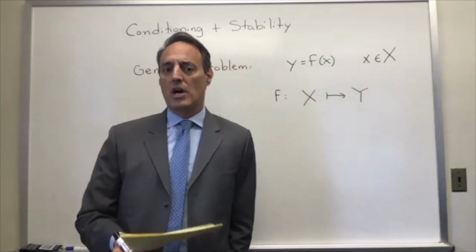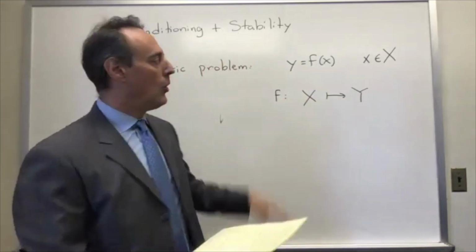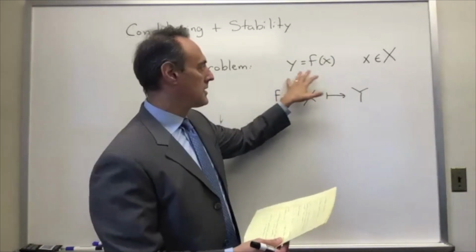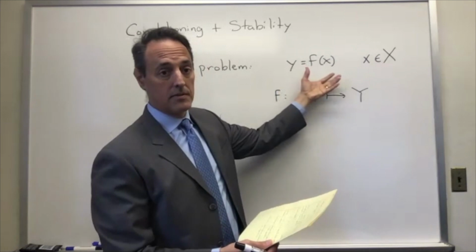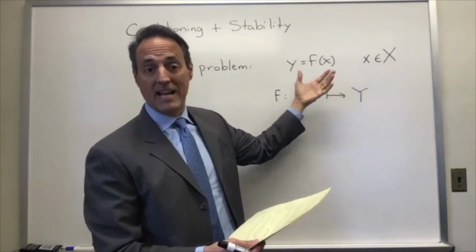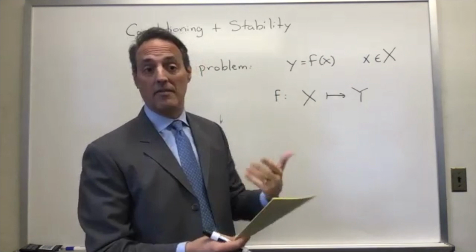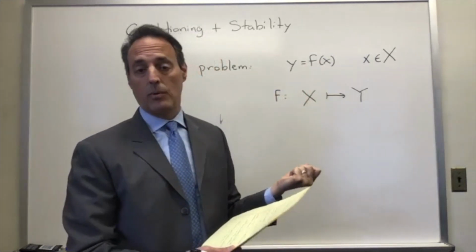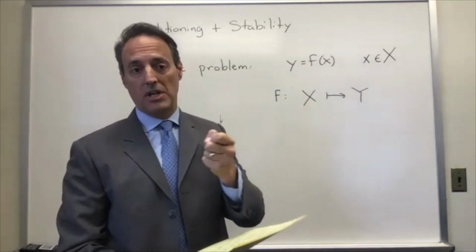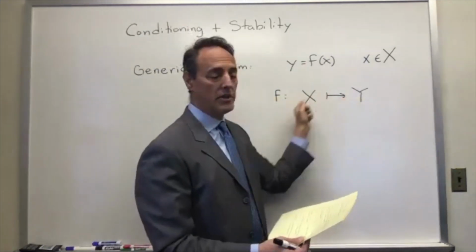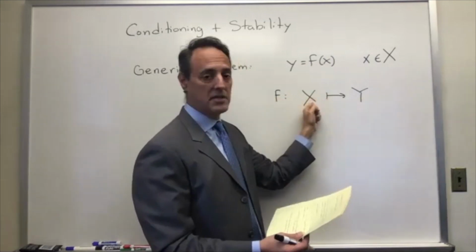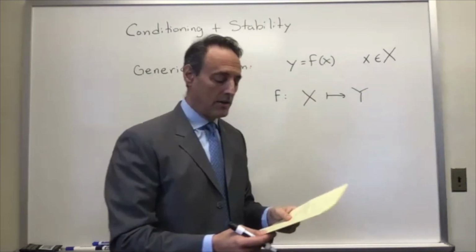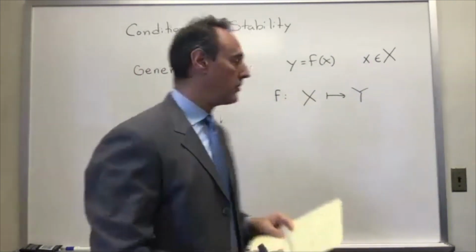So I want to introduce 2 concepts. When we do this, there's a couple of things that we have to think about. One is, how do I produce this? Typically I'm going to have an algorithm or some kind of numerical computation of taking X to Y. That's what we're interested in: computationally, how do we do this operation of taking this data or sets of data in X and mapping it to Y. We're going to talk about this from 2 points of view.